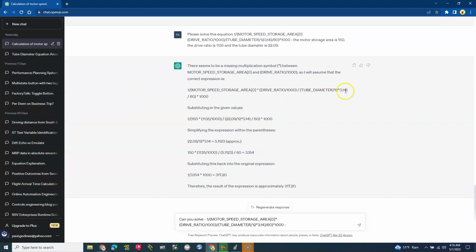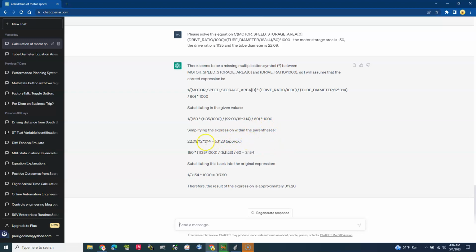So 12 divided by 12 times 3.14. I have found on a couple of occasions when I first did this that it would not multiply the tube diameter divided by 12 times 3.14. In this case, it says there seems to be missing multiplication, between motor speed. So I assume that the correct expression is, substituting in the given values, and it fixed it. Good. 150, 1135, 22.09, 12 divided by 12 times 3.14 divided by 60 times 1000.